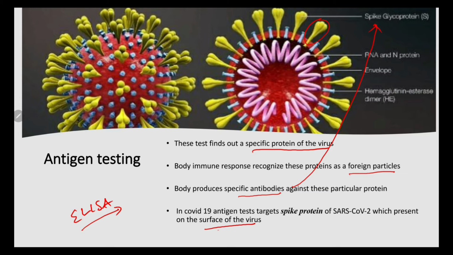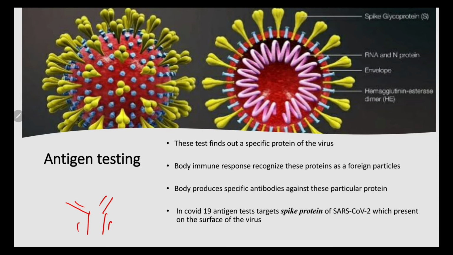So how will this test be performed? We have an ELISA plate that will be coated with the antibodies. Now you will collect the sample. What is the sample in this case? For antigen testing, it is the swab sample from the nose. After neutralizing the sample, that sample will be added to the ELISA plate. If the particular antigen is present in that sample, in this case the spike glycoprotein, it will go and bind to this specific antibody.